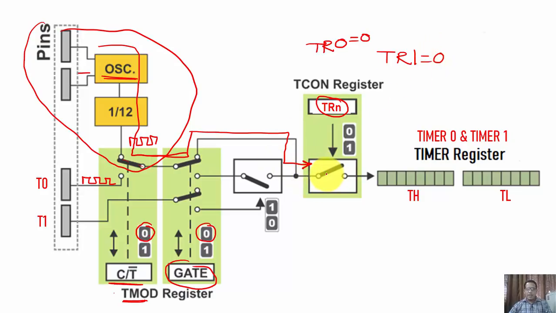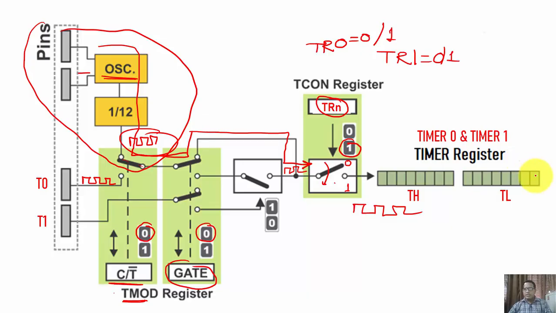When it is 0, the proper connection is not there, in the sense that not a single pulse is given to this timer. But say this upper portion represents 0, this represents 1. And the moment I make this bit, TR0 or TR1, as 1, what will happen? These switches get closed, and whatever train of pulses is present here is transferred as it is to this timer register.